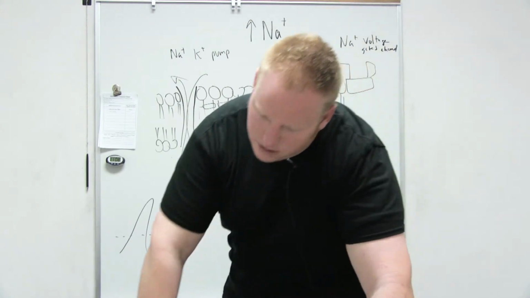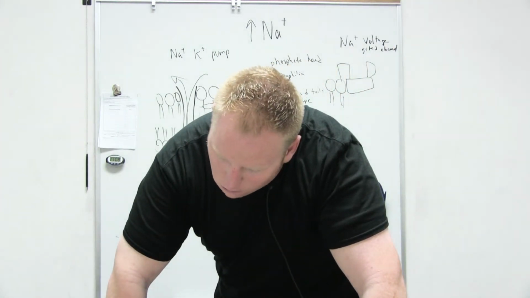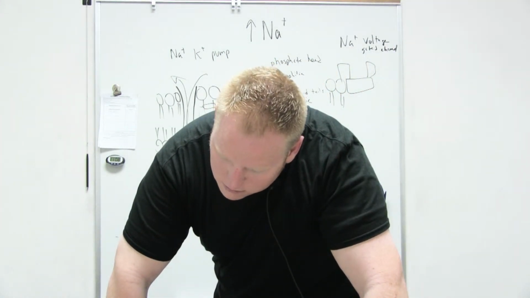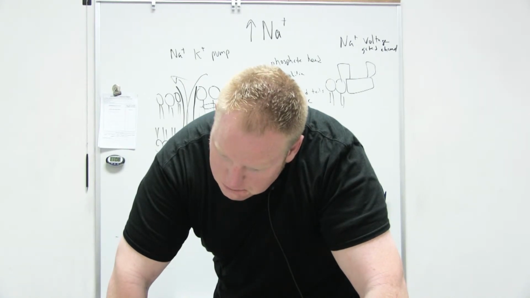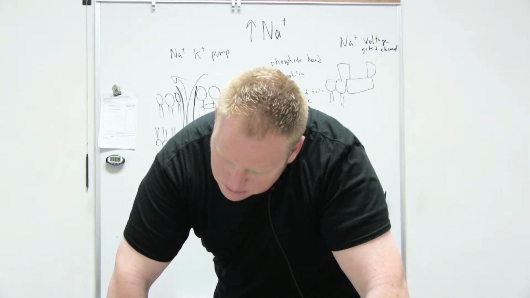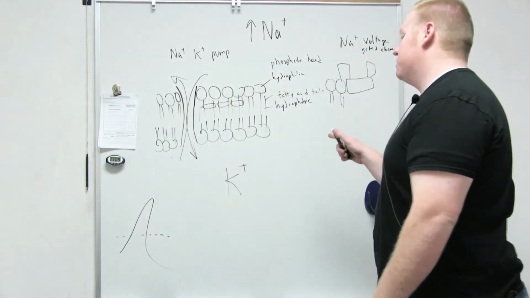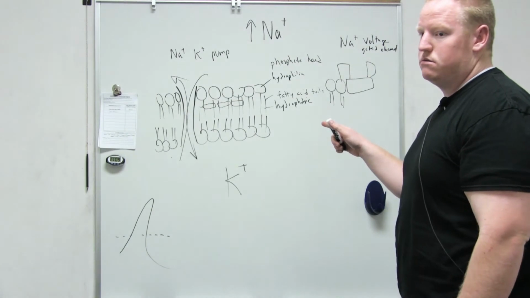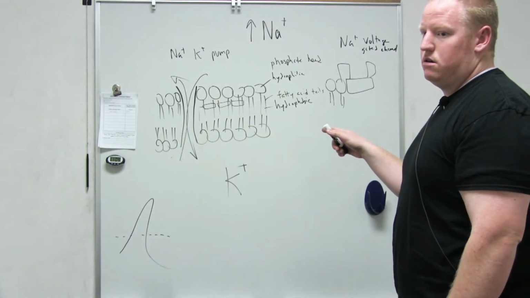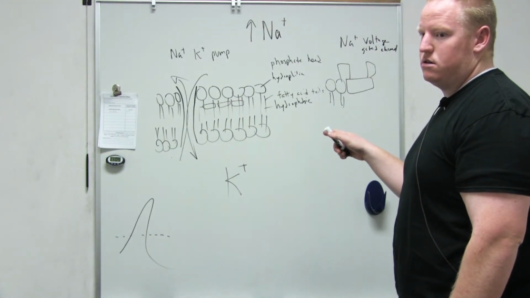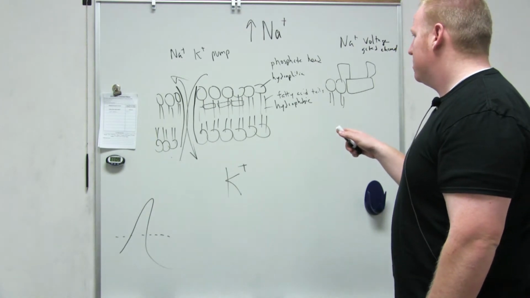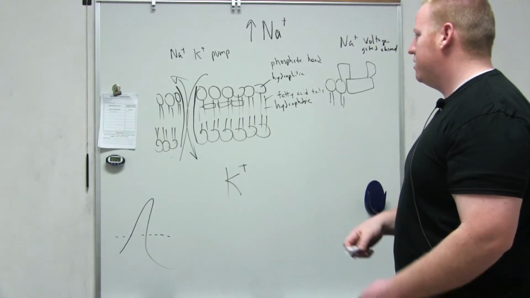Role of carbs? I don't know if that's just talking about secondary active transport. Do you have any more specific questions about the cell membrane? I don't think so. I mean, that's the basics of what you need to know right there.